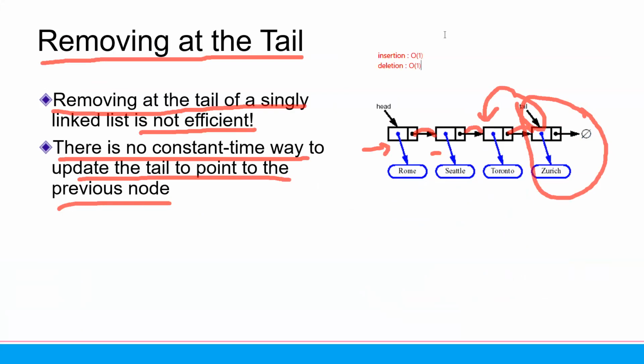But because every node is connected, if we want to remove the tail, then we need O(n) time. So there is no constant time for the deletion at the tail.